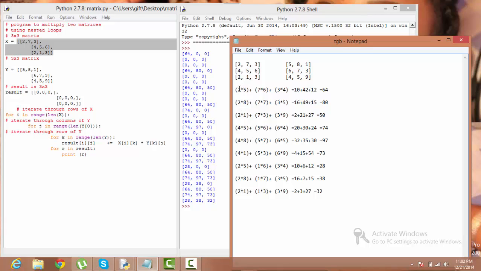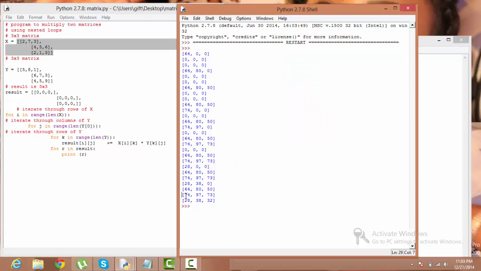That's simply what it's about, iterating. We're going to continue the process again and again. We do the same thing for the second row, and we multiply it by each of the columns in the second matrix. So 4 multiplied by 5 plus 5 multiplied by 6 plus 6 multiplied by 4, and that's equal to 4 times 5 is 20 plus 30 plus 24 is 74.